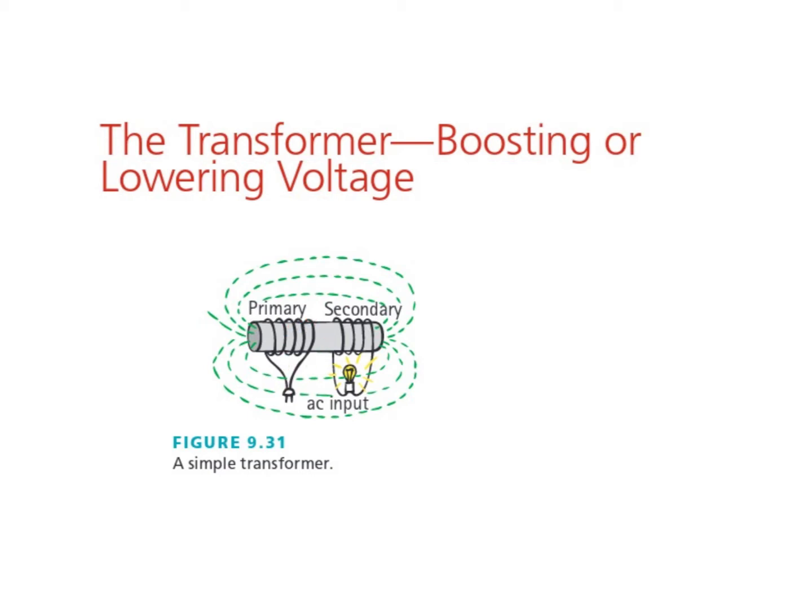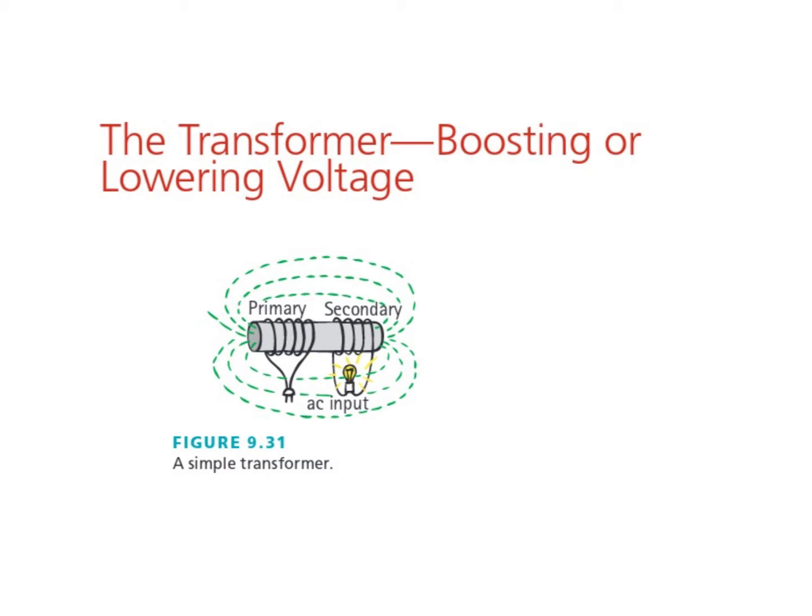Now, it turns out that if you have changing magnetic fields passing through loops, that generates currents. And so you have the coil over here. The original current is generating a magnetic field that's changing. That magnetic field is passing through the second unconnected set of loops, and that generates a new current in the second loops. And so you can transfer the current from one coil to the next coil by this process.